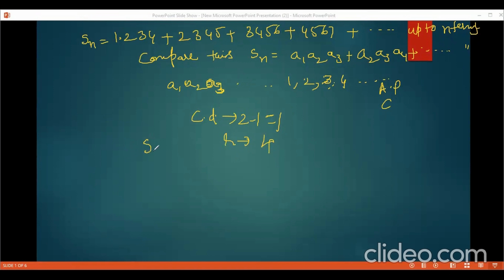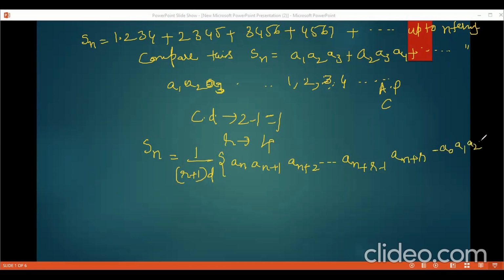So can I write Sn now? What is the formula? Sn is equal to 1 by R plus 1 into D, okay? And then An, An plus 1, An plus 2, so on, An plus R minus 1, minus A naught, A1, A2, so on, AR. Okay, this is our formula.